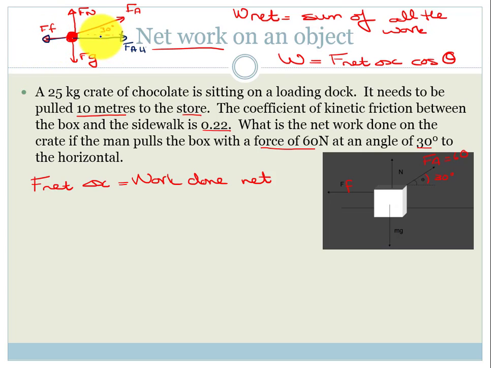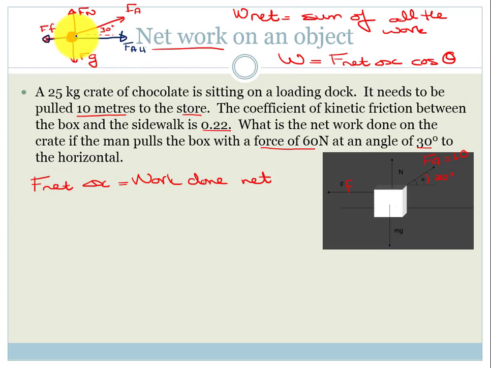And both of them are going to be doing work on this big box of chocolate, right? So what we need to do is find the net force of these two and multiply by the displacement. That's the one way to do it, and I'm going to do it that way.